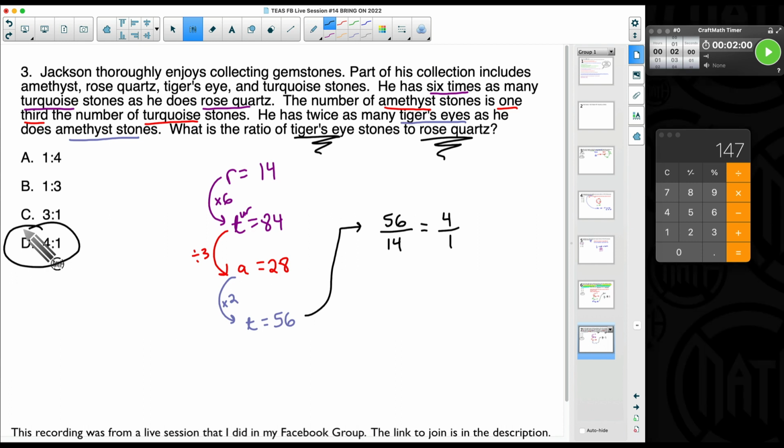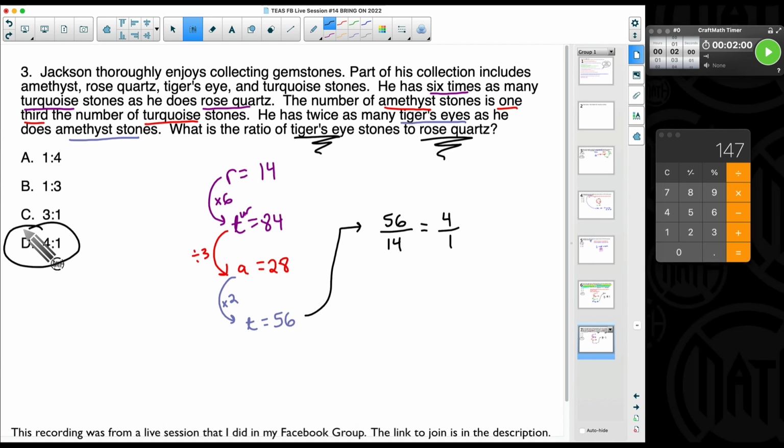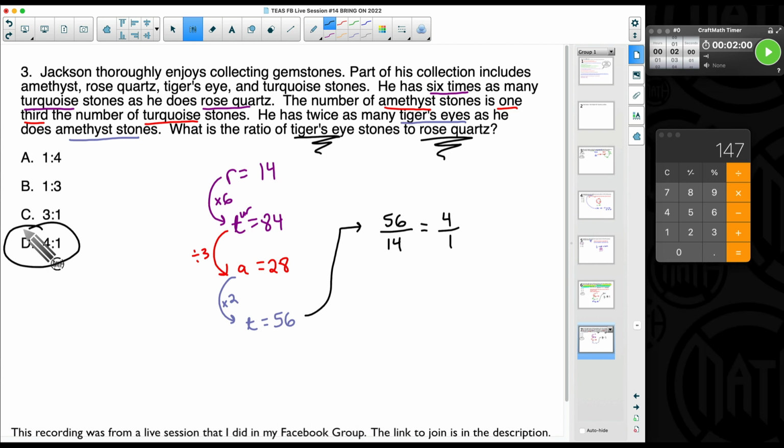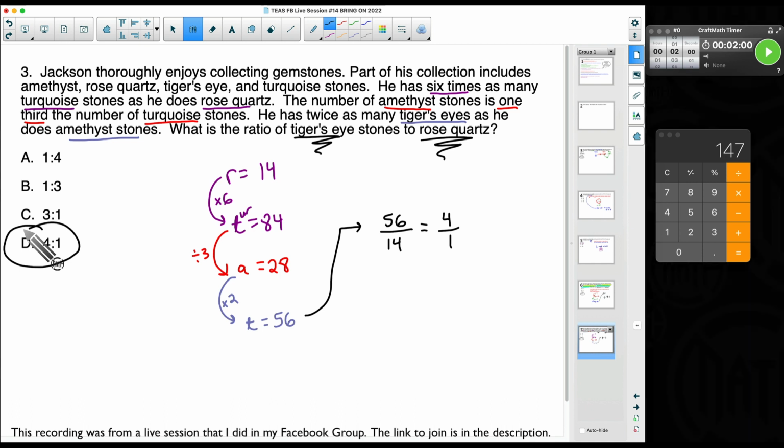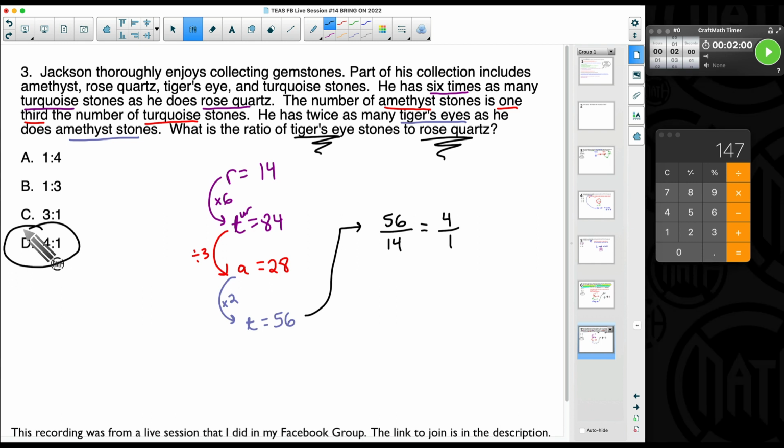It's a pretty cool technique, and this works for many math problems where you're not given an exact number of anything. If you're not given an exact number of anything, you can make something up and it will always work. And as I was sitting here doing this problem, the one that came back to me was a problem about an employee at a store.